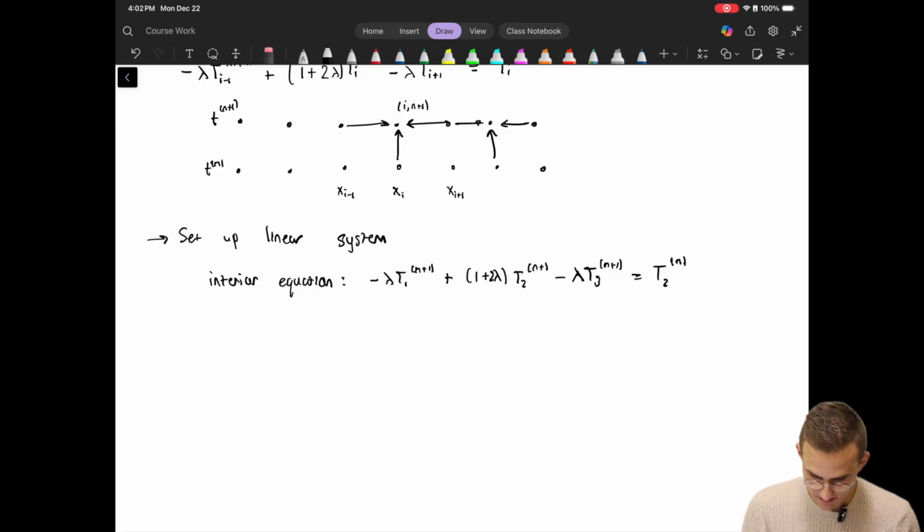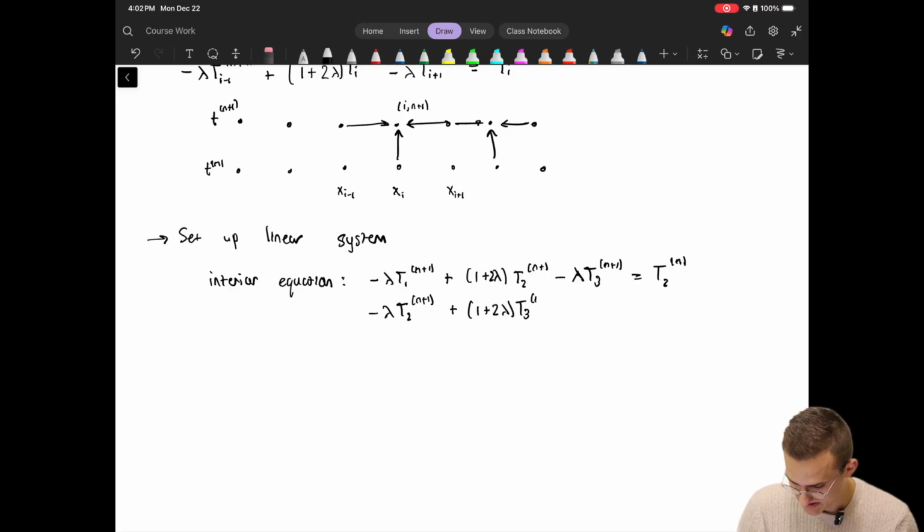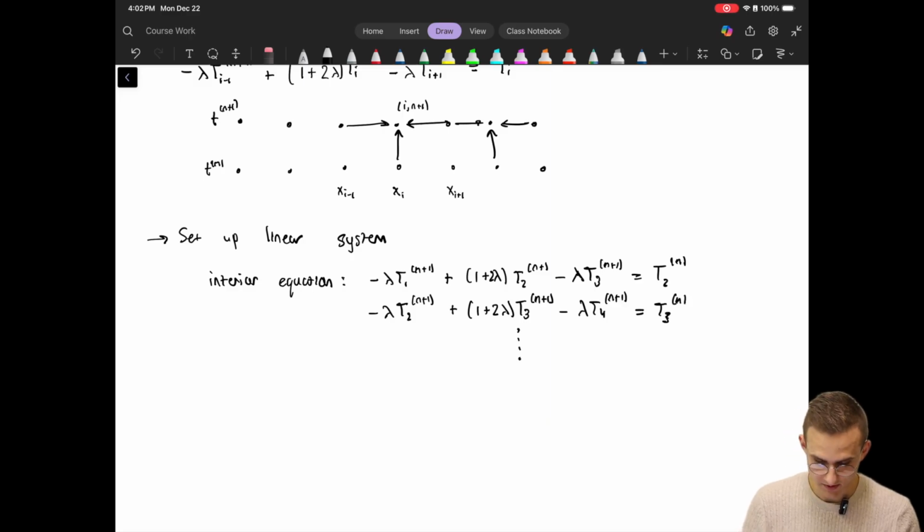Okay, and then the next line is going to be the same, just with all the grid point values incremented by 1. So this would be the equation for t3, let's say, if we want to name it by the center grid point: T4 n plus 1 is equal to T3 at time step n. And then you can continue this down for all the equations.